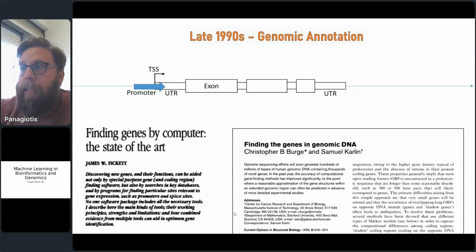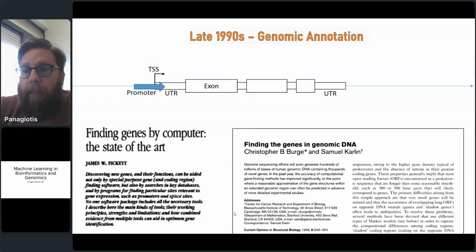In the late 90s, as parts of the genome start getting published, people in the bioinformatics field start creating machine learning models to try and find which parts of the genome encode genes. So which parts of the genome eventually give functional proteins or RNAs.